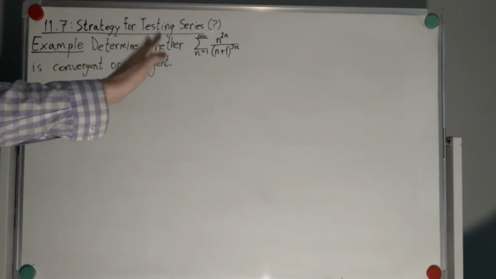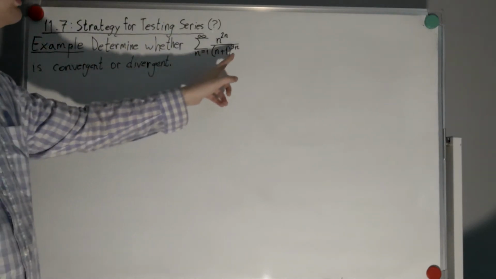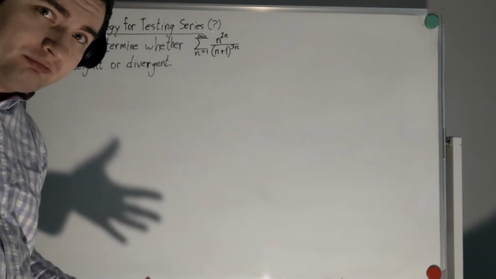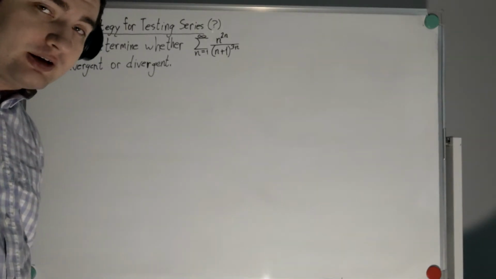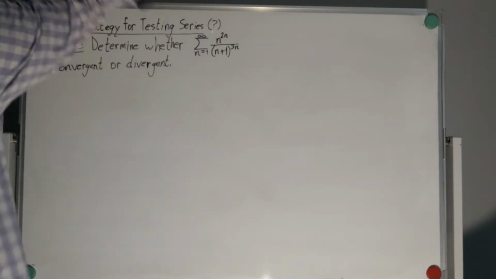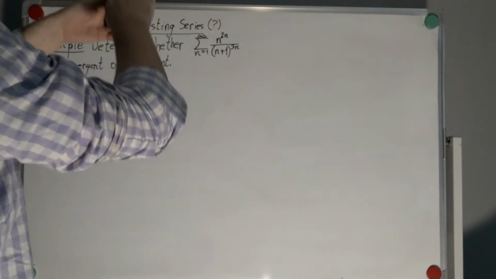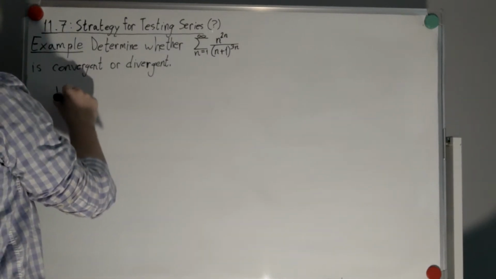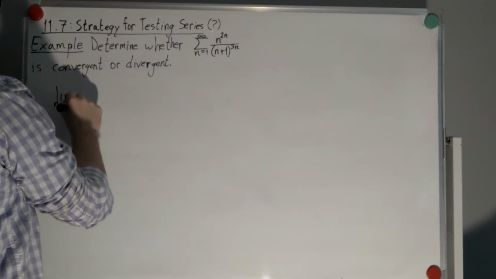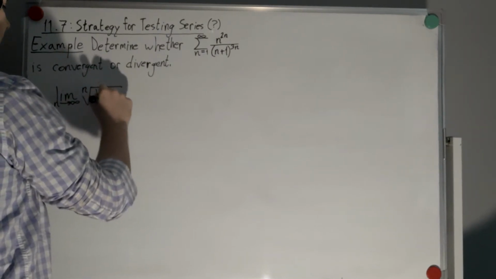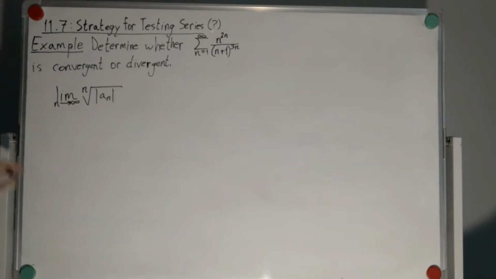When you see something like this, where top and bottom are both being raised to some exponent that's dependent on n, it would be a good idea to consider using the root test. So, let's see what happens if we do that. We want to take the limit as n approaches infinity of the nth root of the absolute value of a_n.